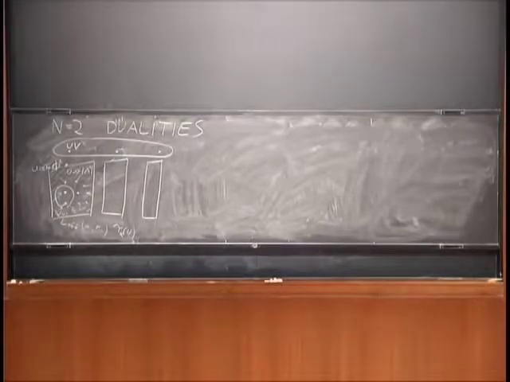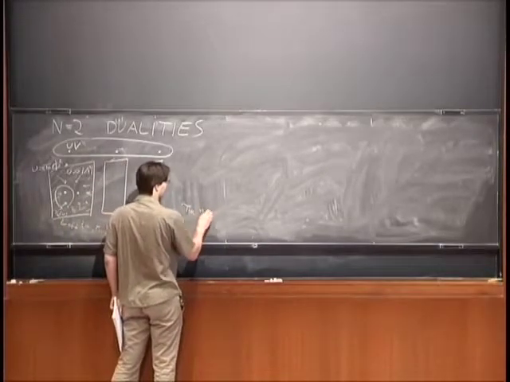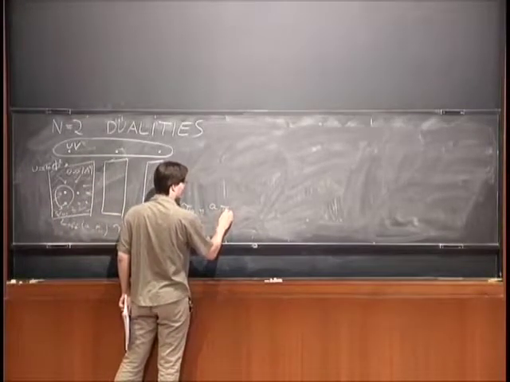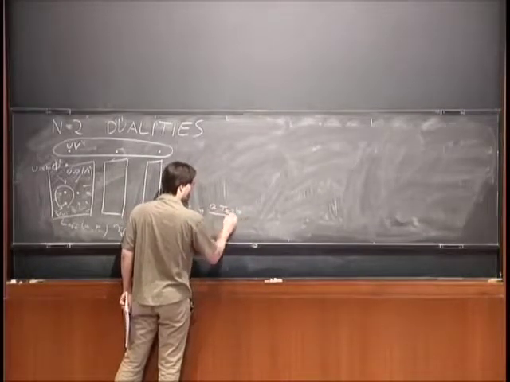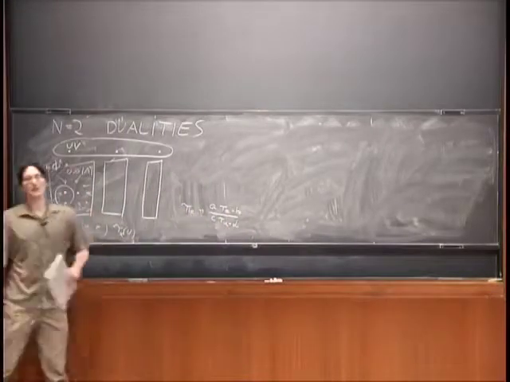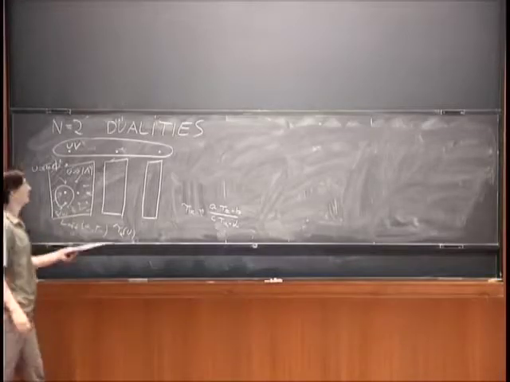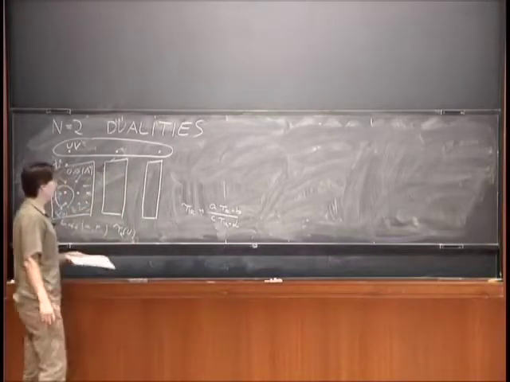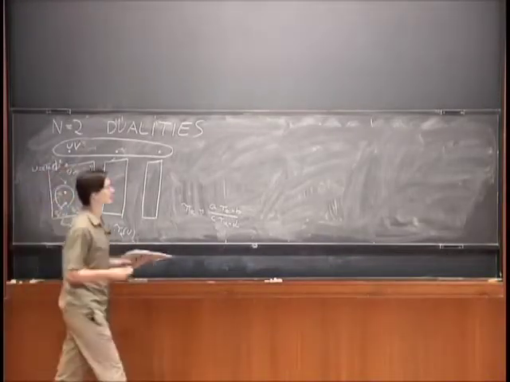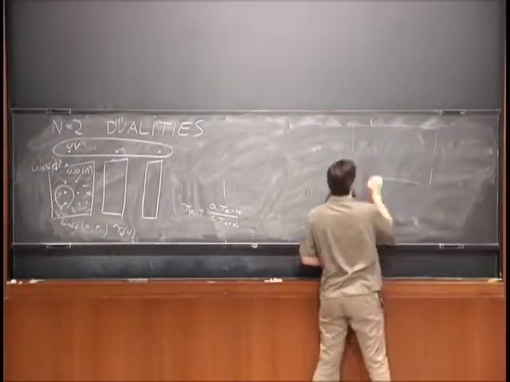And you need to go to a different dual description where this gauge coupling is again weak. So you get all sorts of monodromies where the infrared coupling is transformed by some electromagnetic duality. So you need to remix your electric and magnetic fields in the Lagrangian. You need to do this duality transformation. And really, what you end up with is a sort of manifold of Lagrangian descriptions rather than a single Lagrangian description.